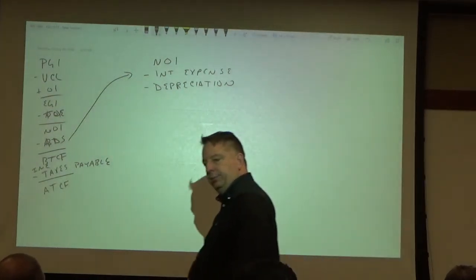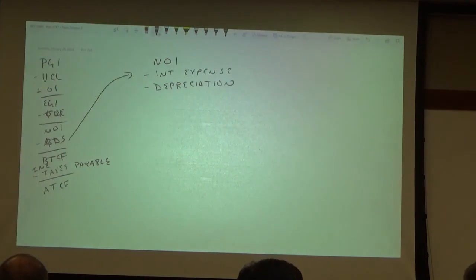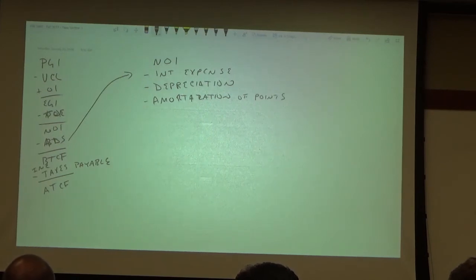Amortization of points, or amortization of other costs. We'll talk about that in a minute. So anything else that we want to subtract out there? Just making sure we don't leave anything on the table. Loan origination fees, yeah, which we'll talk about in a second.